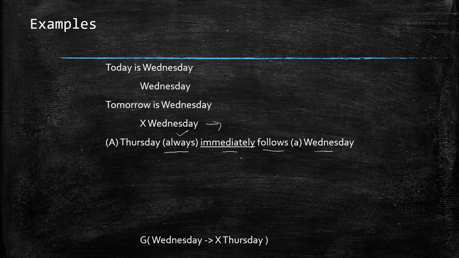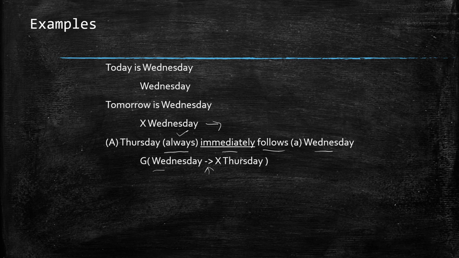So we can write in this form. We also make use of this implication. So if Wednesday is true, then the next day is Thursday, and this holds always, meaning there is not a possibility that Thursday will occur before a Wednesday. So this is a global fact, and in terms of weekdays, this fact is globally true. So therefore we use the G operator.